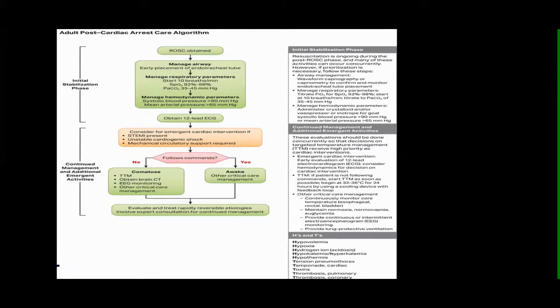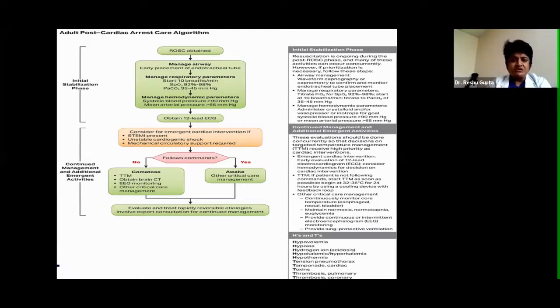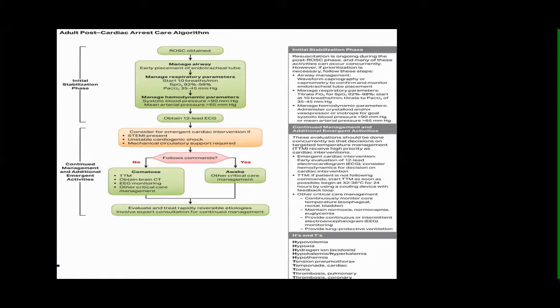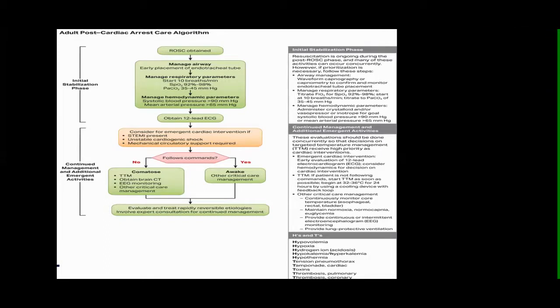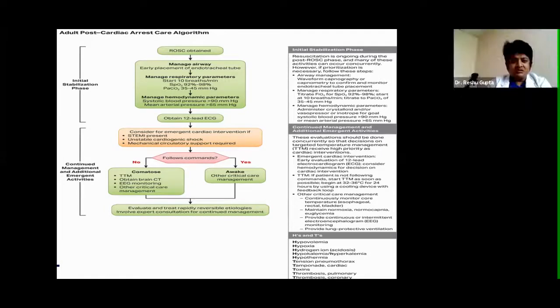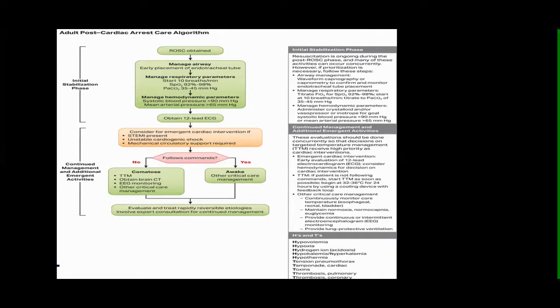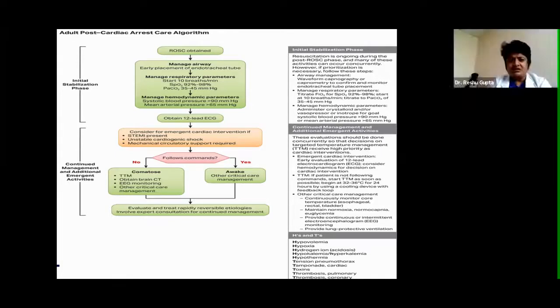So you manage the airway, manage the hemodynamic parameters, and obtain immediate cardiac intervention if required.